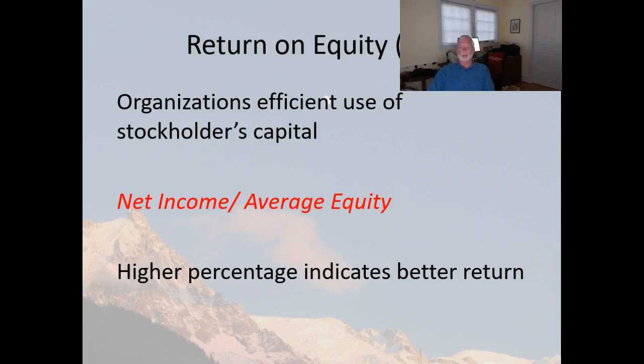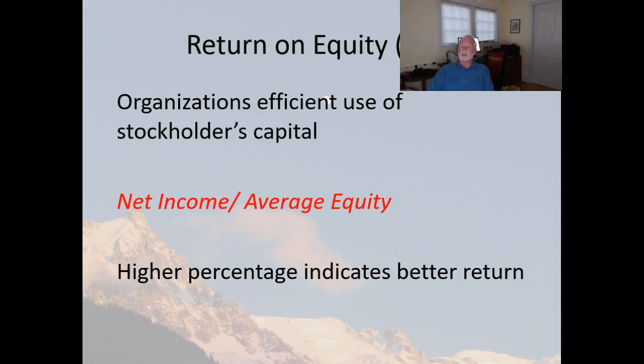How efficient are they at using their stockholders' equity? And this ratio will yield a percentage, a number less than 1, generally. I guess not always, but generally. And the higher the percentage is, the better the return for the shareholders.